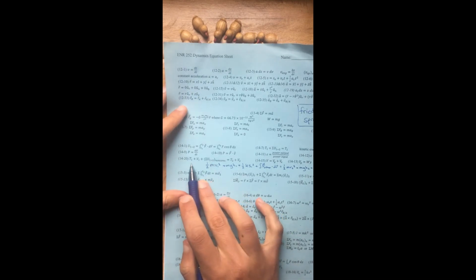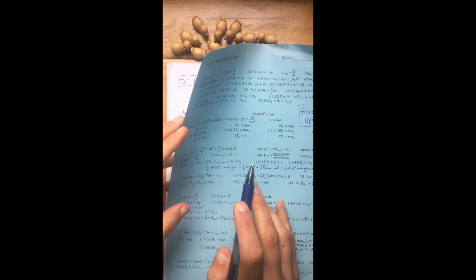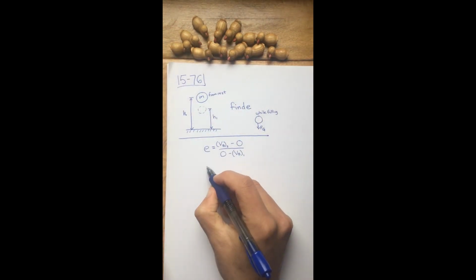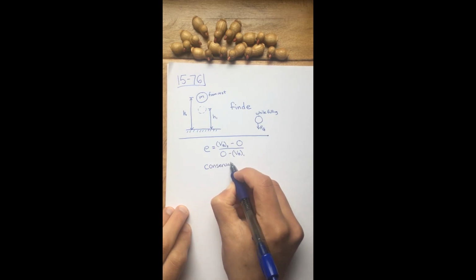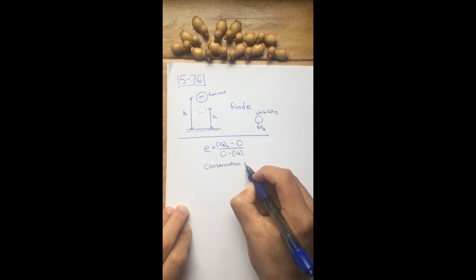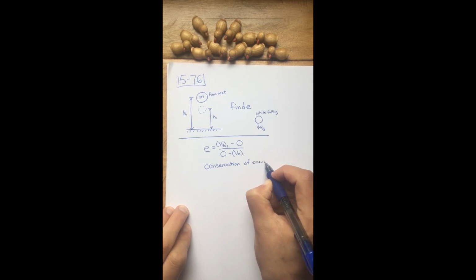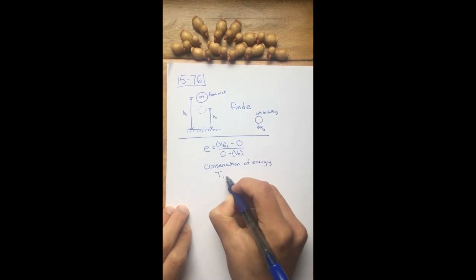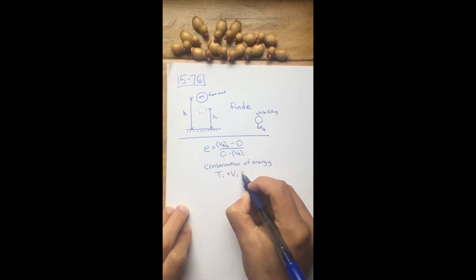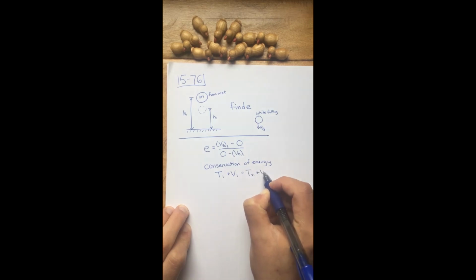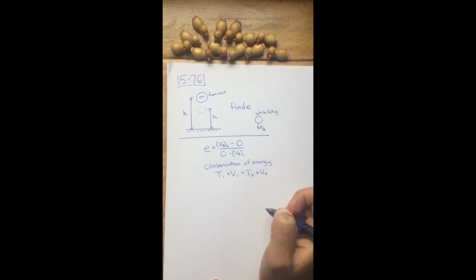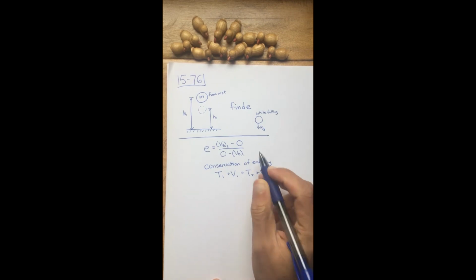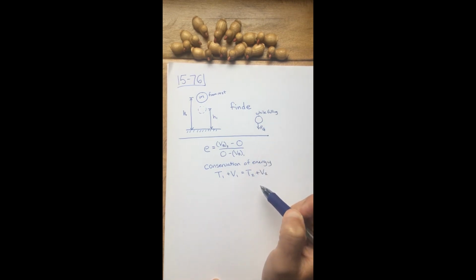So I have T1 plus V1 is equal to T2 plus V2. So using conservation of energy, T1 plus V1 is equal to T2 plus V2. The only potential energy that I have in this problem is from gravity, since I do not have any springs in this problem.